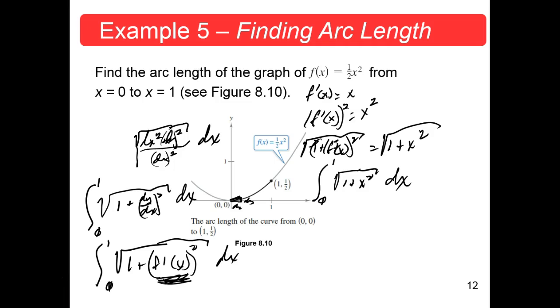Is that one of the forms that we like to see under a radical? Remember our forms are a squared plus x squared, a squared minus x squared, and x squared minus a squared. So this is one of them, only the a is 1 here, which makes it pretty nice.